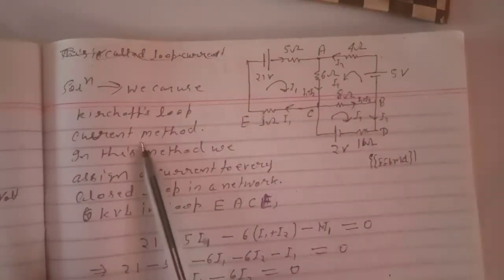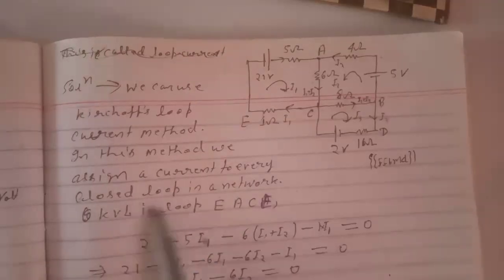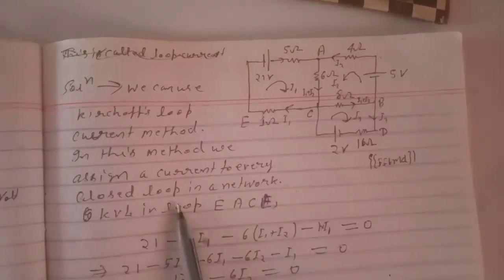We can use Kirchhoff's loop current method. In this method we assign a current to every closed loop in a network.